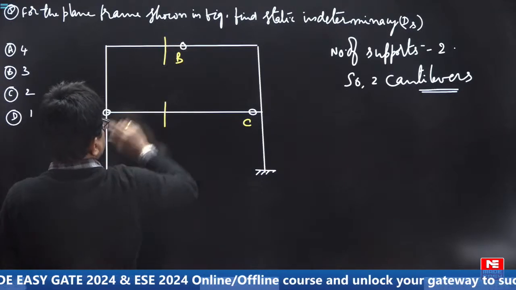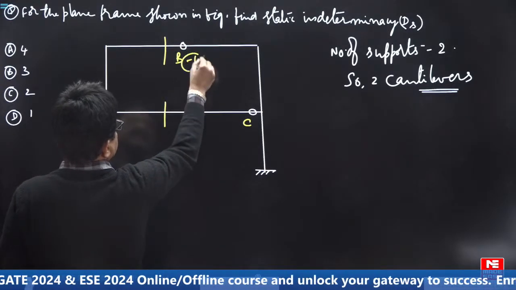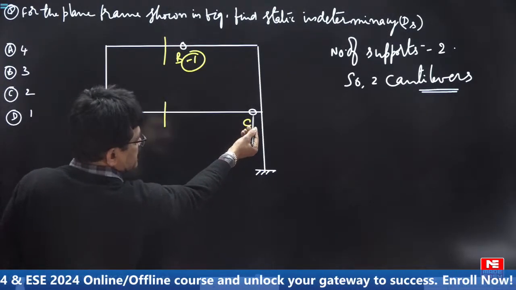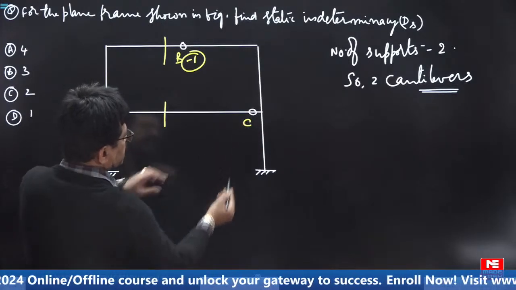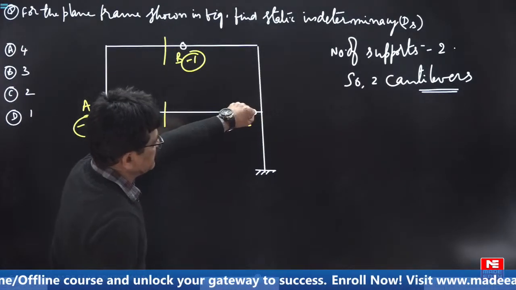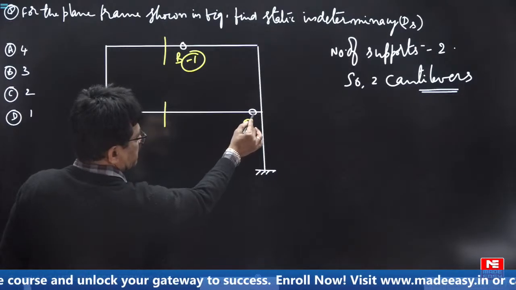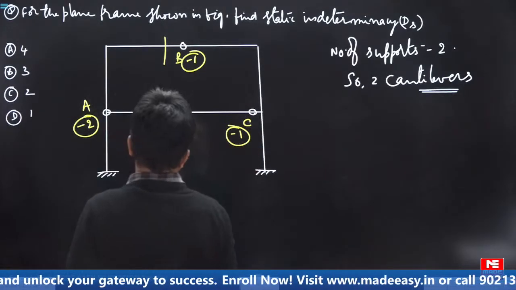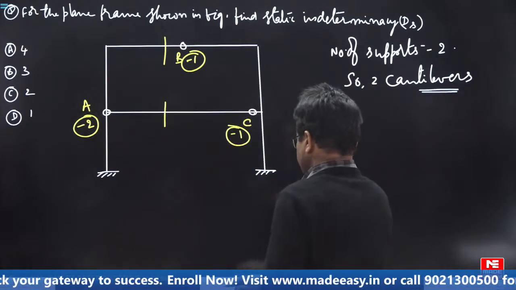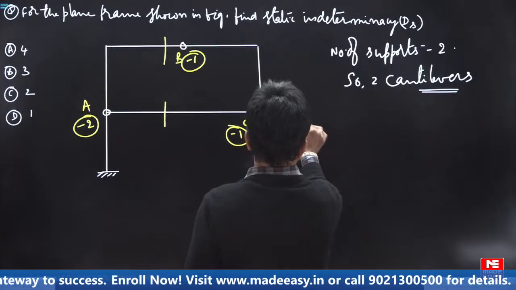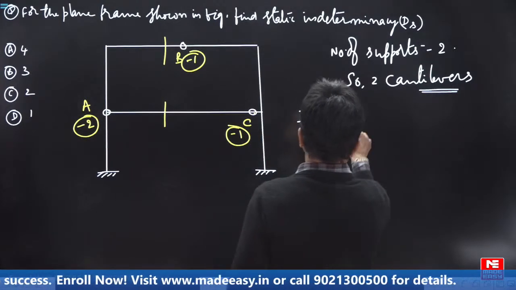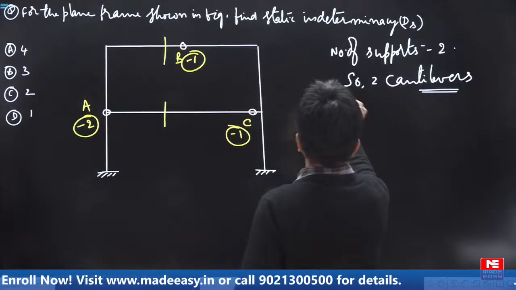Unnecessarily you are fixing it, so release it, so minus 1. Here this is hinge next to the rigid joint. To make this member a rigid jointed one, I have to add 1 moment, so subtract 1. So now your static indeterminacy is Ds equals 3 into number of cuts. Here number of cuts are 2.